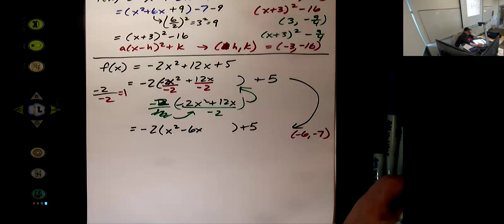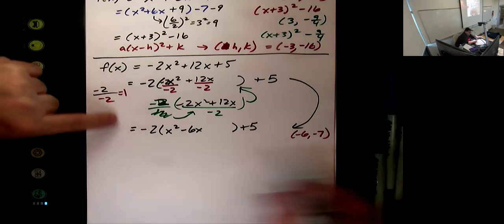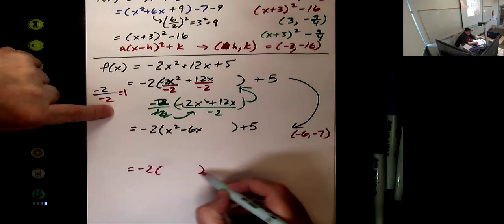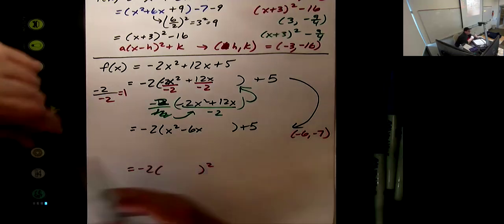Let's see. Are we having to divide the -2 again, like towards the end, or no? No. So the -2 just stays as is? Yeah, we're going to end up with -2 times something squared. With something here, I don't know if it's positive or negative yet.